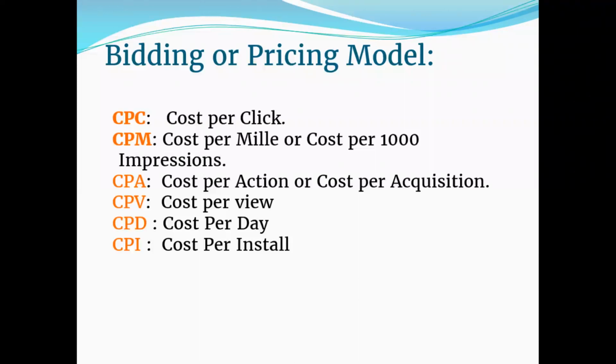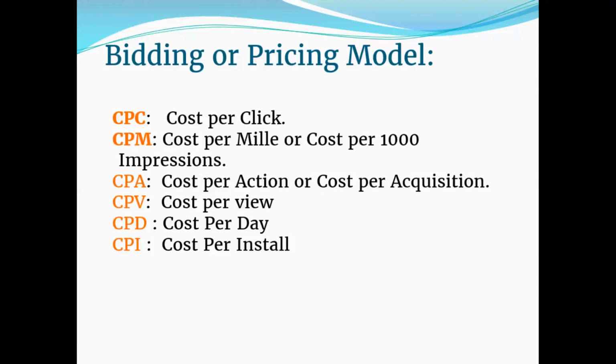Suppose you can show a mouse-oriented action, whether I will click or not. We can show by the times. That is called action, run by the CPA. Next is CPV, cost per view. And the final two are cost per day: per day, how much they charge per campaign. The default budget is 500.